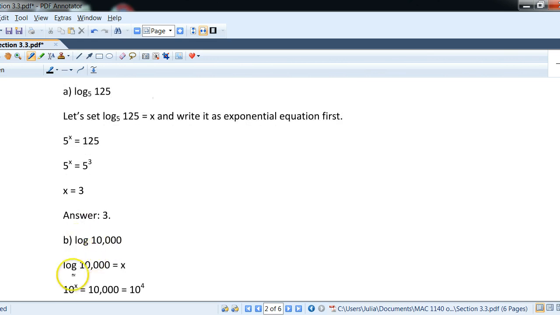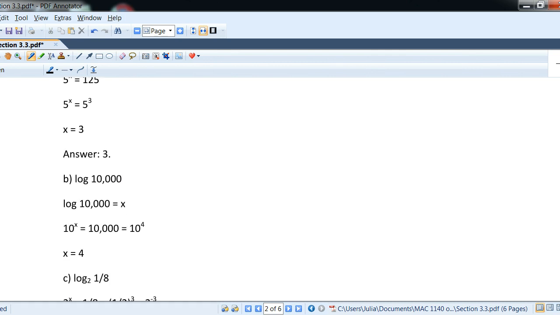Notice there is no base, which means it's base 10. So 10 to which power is equal to 10,000? Well, the answer is very simple. Notice we have 4 zeros in 10,000, which must mean it's 10 to the 4th power, which is indeed true. So the answer would be 4. So the log of 10,000 is equal to 4, and you can actually input it in the calculator and find that it is the correct answer.